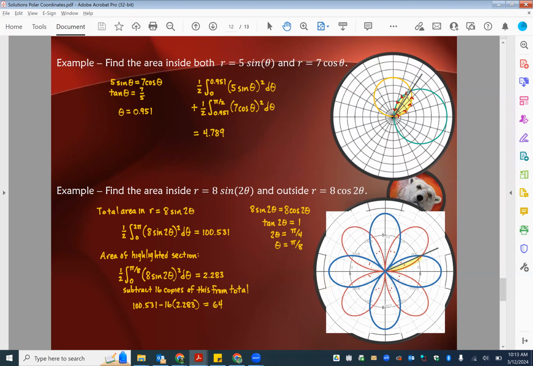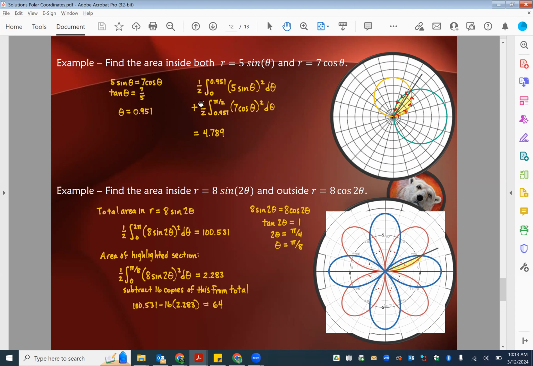And now as I sweep the second portion of this thing, it's the green circle, the cosine circle, that's my outer curve. So what that tells us is we need to integrate the sine curve from 0 up until whatever our intersection is, and then a second integral from that same intersection back to pi over 2, which is where the green circle returns to the origin, since it's a cosine circle.